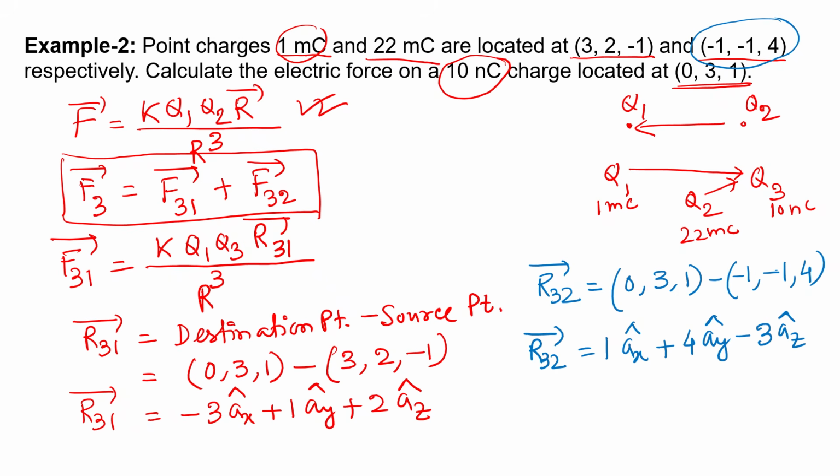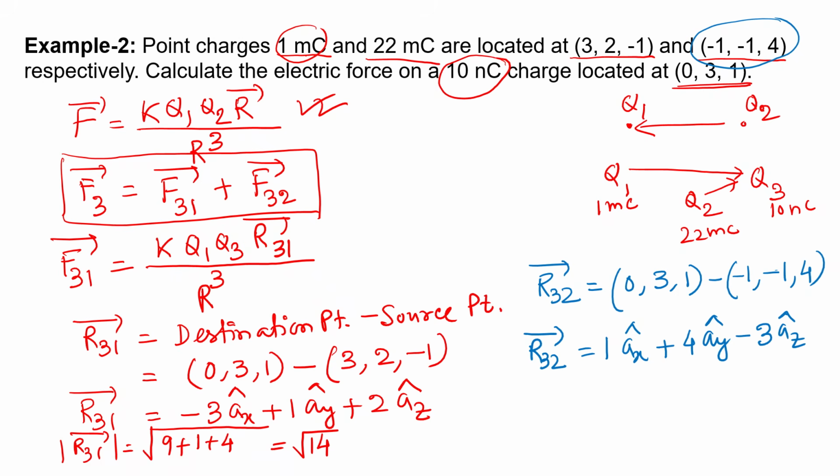Okay, so let me also calculate the magnitudes simultaneously. Mod R31 will be the square root of 3 squared, that means 9, plus 1 plus 4. So it will be square root 14.